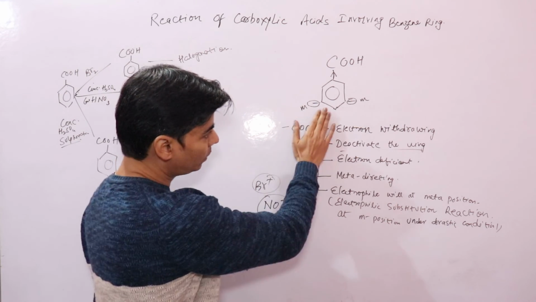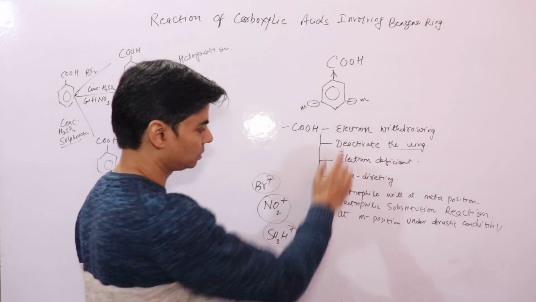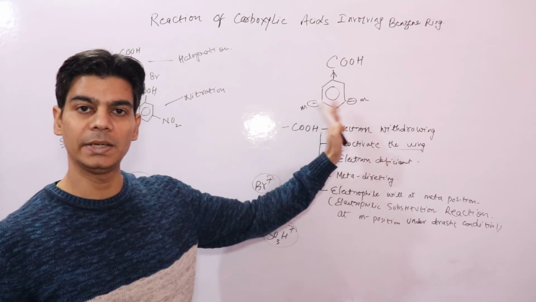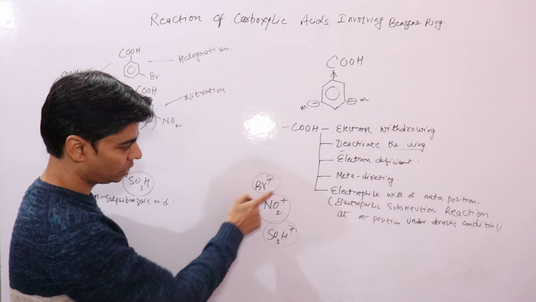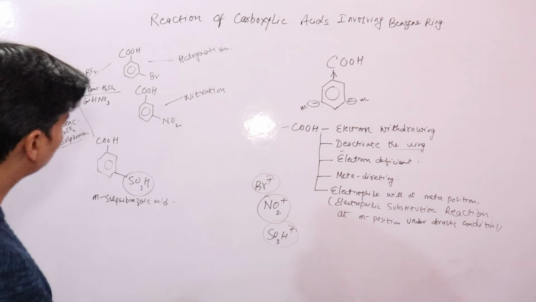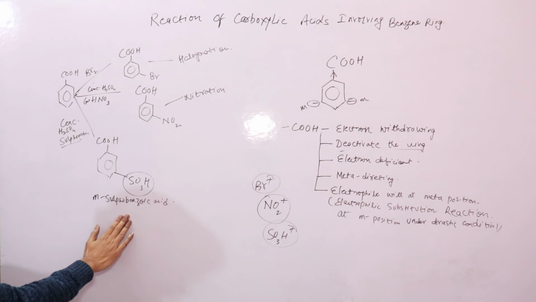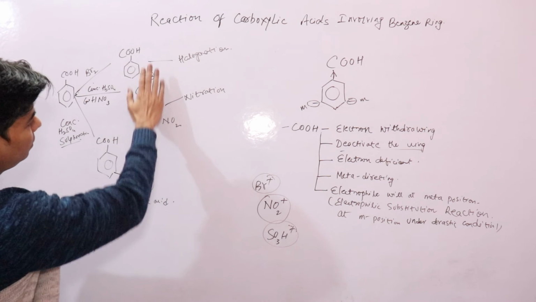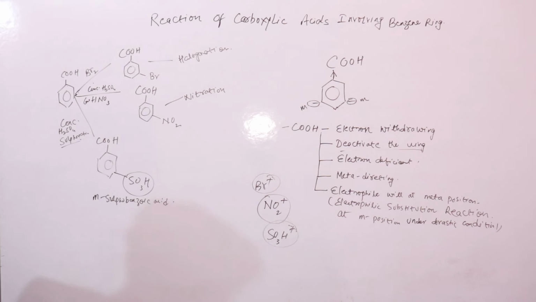So it will undergo electrophilic substitution reactions only at the meta positions, that is, positions of high electron density. These are the electrophiles: bromonium ion, nitronium ion, and sulfonium ion. So using halogenation, nitration, and sulfonation, you will obtain these meta isomers of benzoic acid.